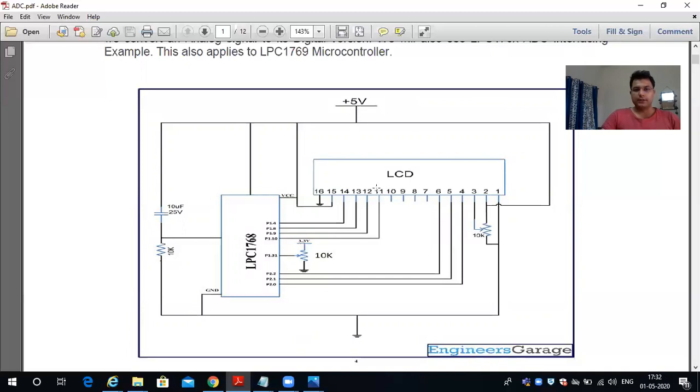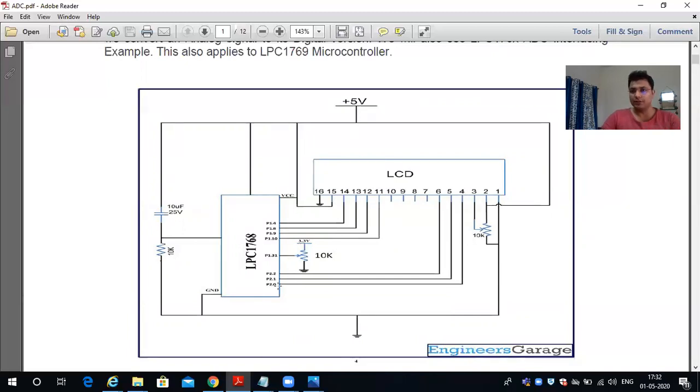We are working in 4-bit mode, and this one is for, I think not reset, RS, register select. On the 4th pin, we are connecting port number 2, pin number 0. That is for register select.